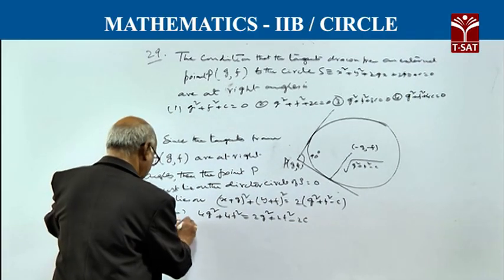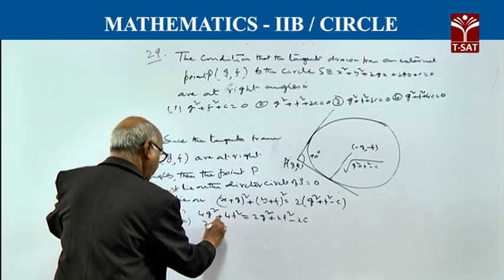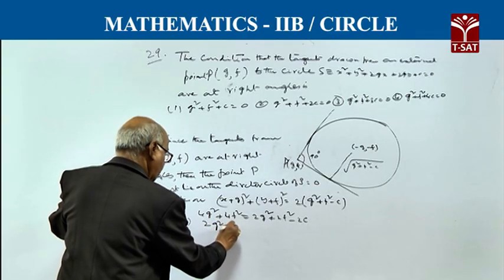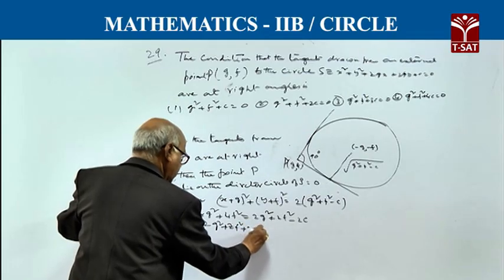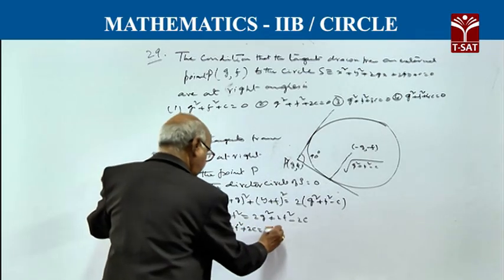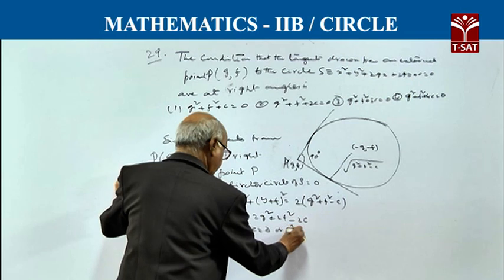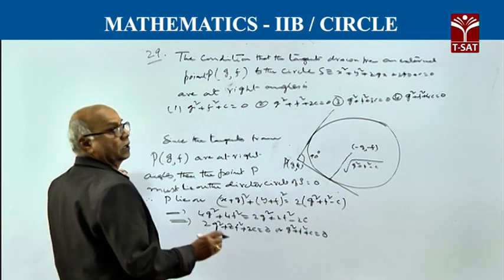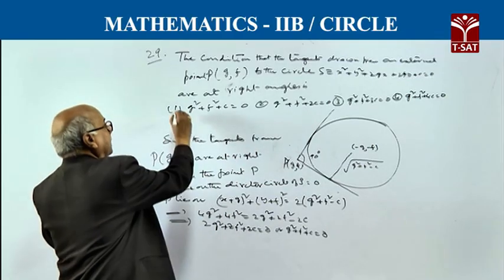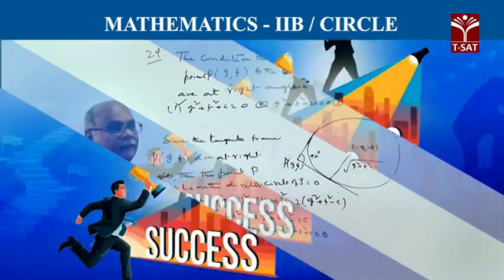So this implies 2g square plus 2f square plus 2c is equal to 0, or g square plus f square plus c is equal to 0. So the correct option is option number 1.